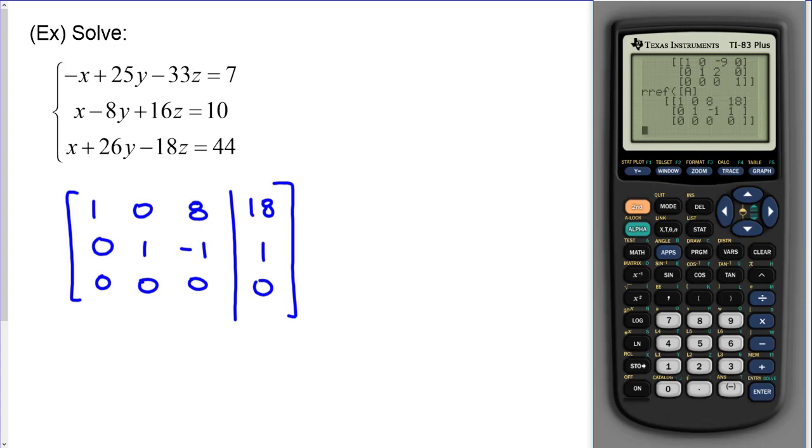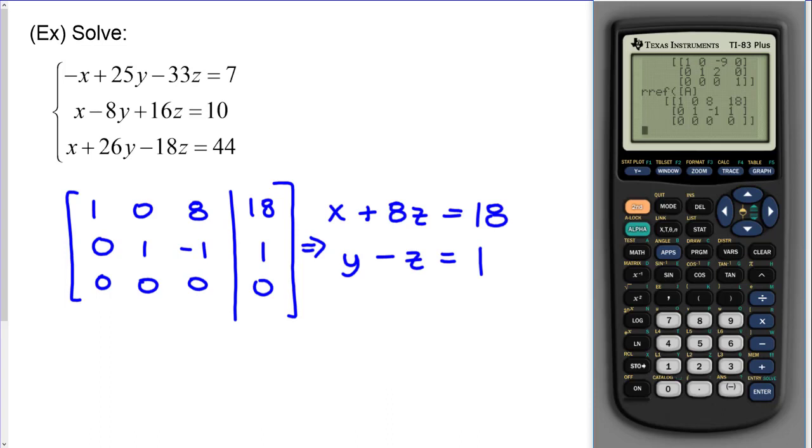So essentially, I have a system that, if I change into a system of equations, forms no contradiction. So I have x plus 8z equals 18, and y minus z equals 1, and the last would be 0 equals 0, which is not a contradiction. So this is a perfectly valid solution.